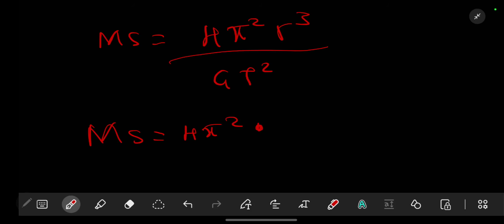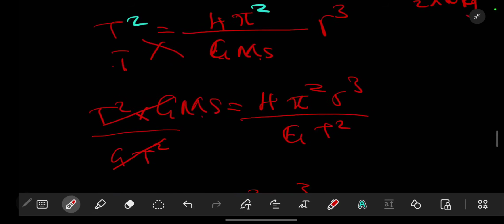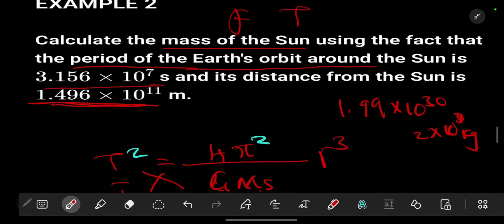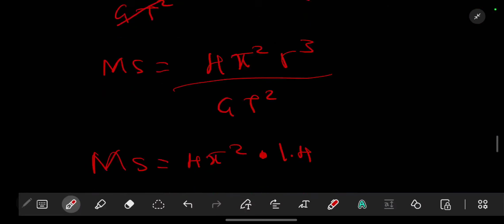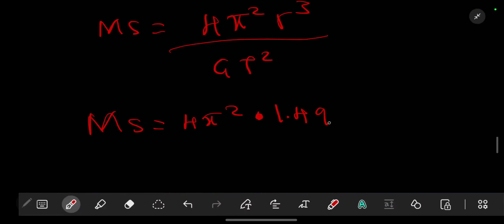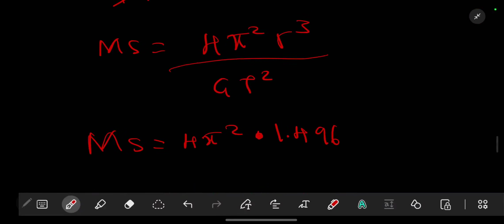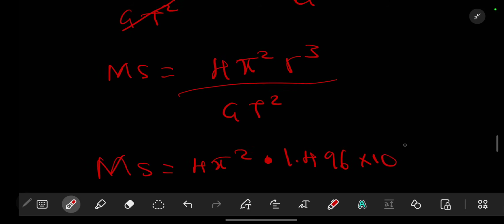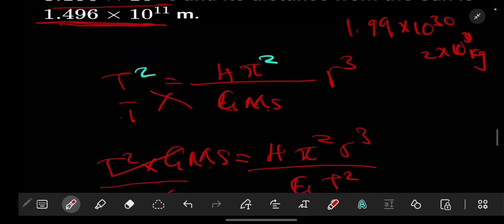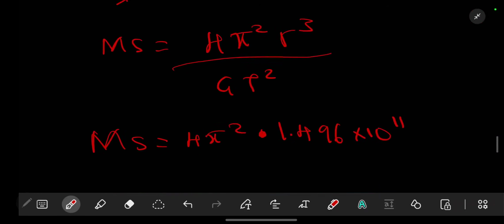So the mass of the Sun will be equal to 4 pi squared times our radius. The radius is the separating distance, which in this case is 1.496 times 10 to the power 11 meters, according to the question.